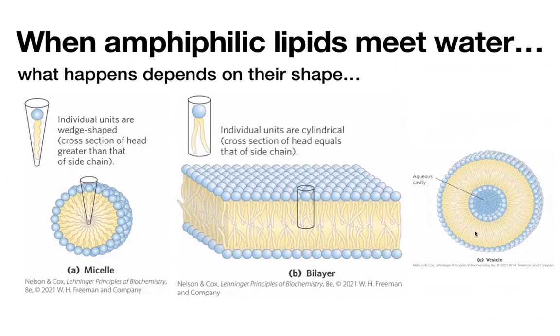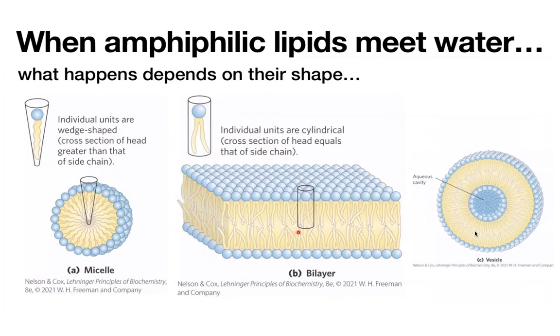And where did we see a cylindrical shape? With our phospholipids, because remember, we've got two tails there instead of just a single tail. So we have this more cylindrical shape, and now it's not going to be able to form that micelle because it can't compact that way. Instead, if you stick it into water, it's going to form a bilayer.